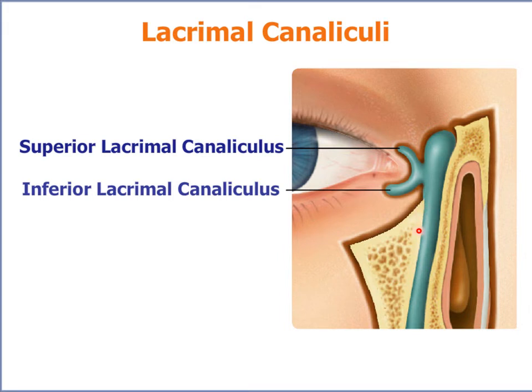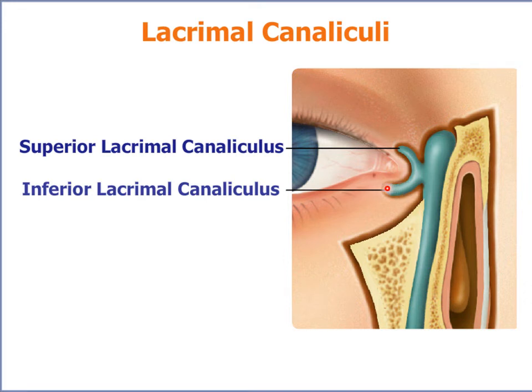They are called the superior lacrimal canaliculus in the upper eyelid, and inferior lacrimal canaliculus in the lower eyelid. The length of this canaliculus is about 10 mm.